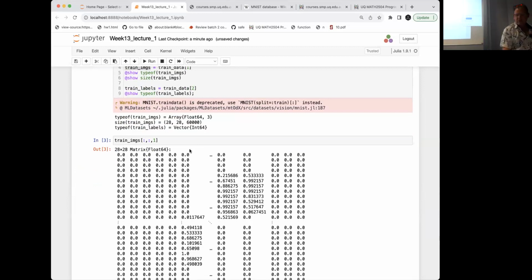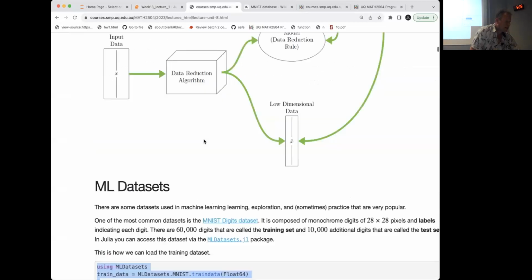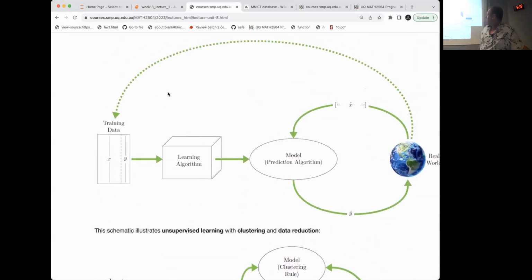Now, what's the story about train and test? Well, the typical paradigm in the world of machine learning, a simple one to look at, is going back to this image here. All this data that we got from the world is training data.